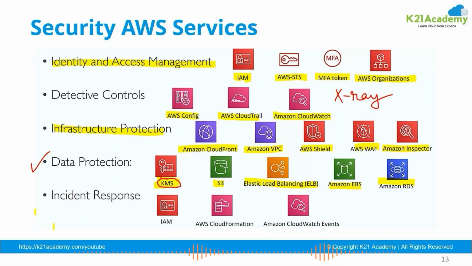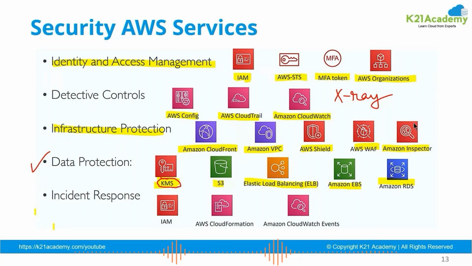KMS is the service which is used for protecting your data at rest, whereas SSL and TLS is the service which is used to protect your data in transit. Amazon gives you both. And for incident response, CloudWatch Events or EventBridge in specific are the incident response tools which are used by us.